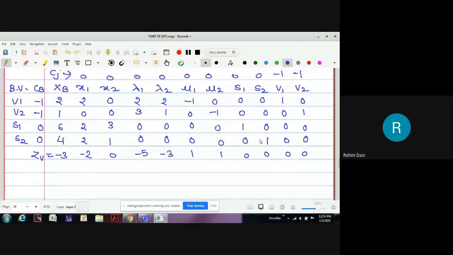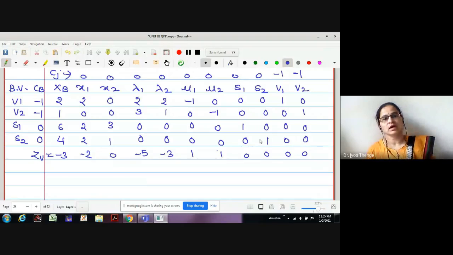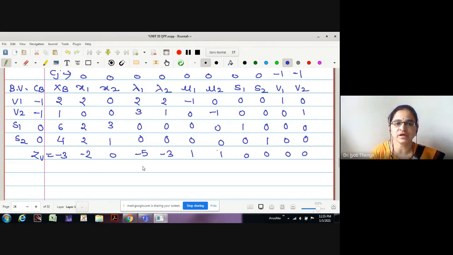Now we will check which is the incoming vector. According to our criteria, the most negative net evaluation gives the incoming variable, and here minus 5 is the most negative.